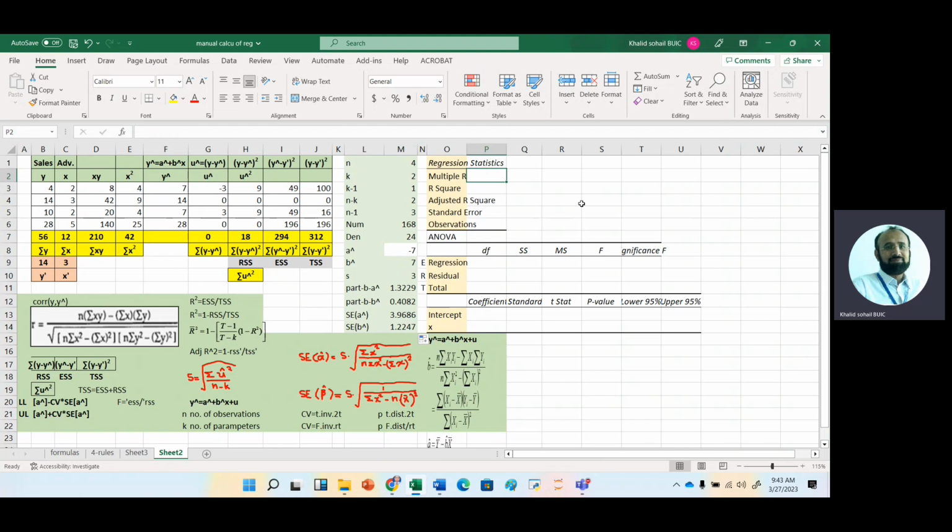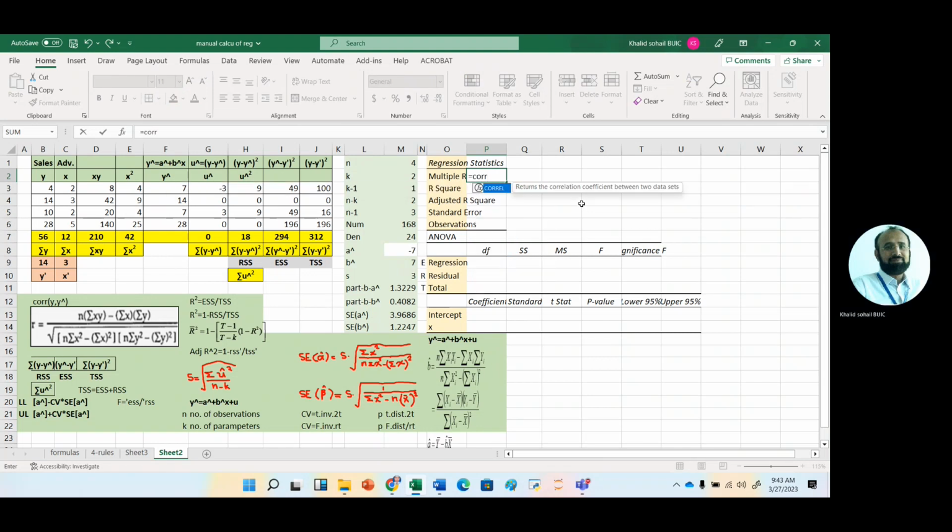So first of all, we calculate multiple R. Now multiple R is basically the correlation between y and y hat, or we can use this formula if we want to get it manually. So this is your y, comma, then y hat, this one.